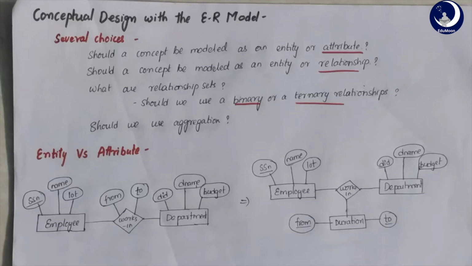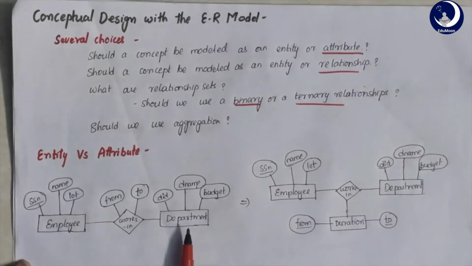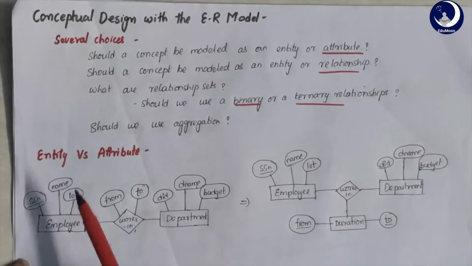So, let us take another example and understand it in depth. Here, we have a works-in relationship between the employee and the department. So, an employee works in one department. There are two descriptive attributes for the works-in relationship, that is from and to.